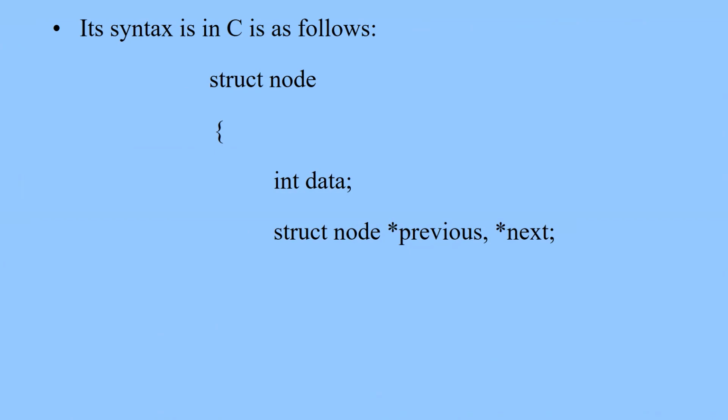So both of them are members of type pointer. One is supposed to point to the previous node, the other one is supposed to point to the next.